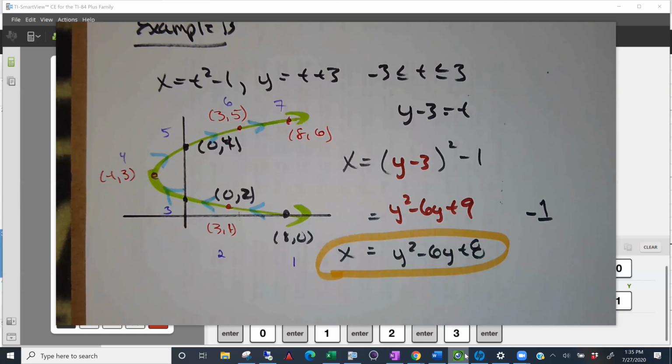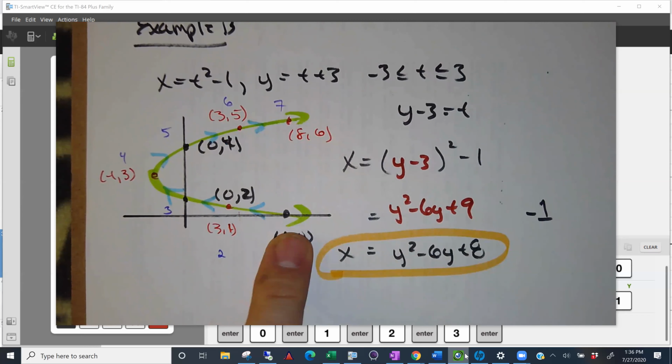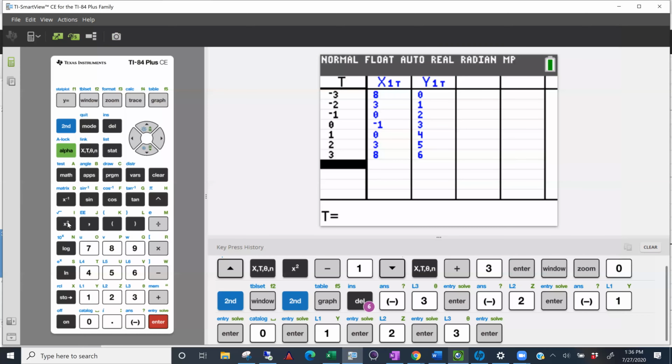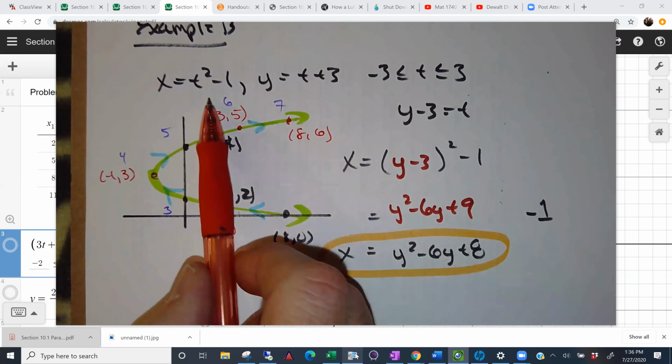But when we did our table, some of these points actually did appear. In fact, all these points did appear in our table if you happen to look back. So it's just a coincidence that some of the points that you would plot in like a college algebra class are the points that corresponded to values of t.